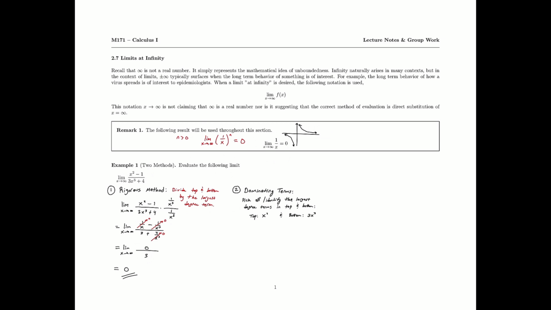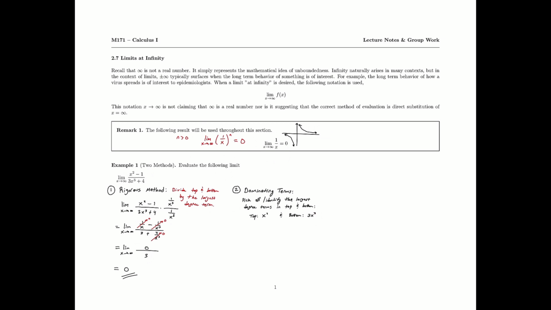Now if you remember what we did in the rigorous method, we found the largest degree term and we divided everything by it. So in this case, this 3x cubed shows up again.